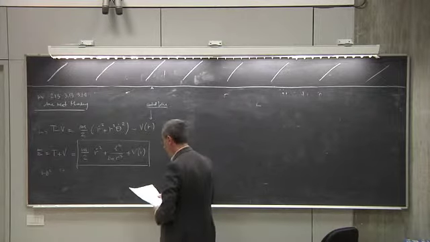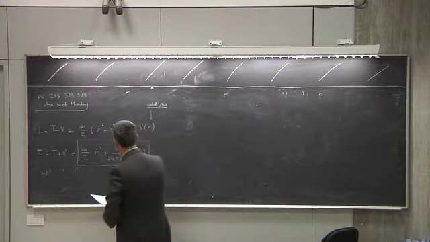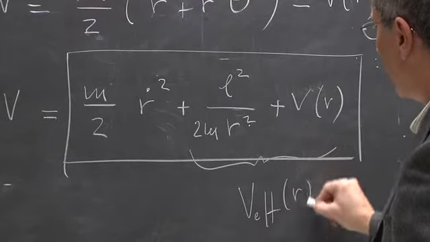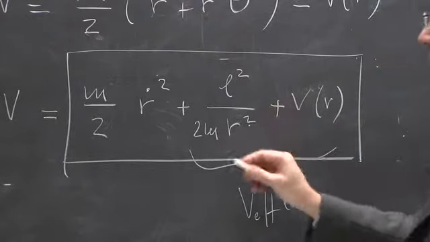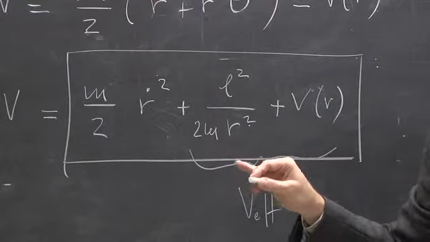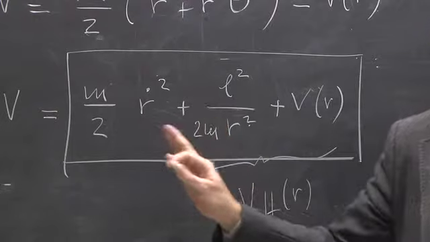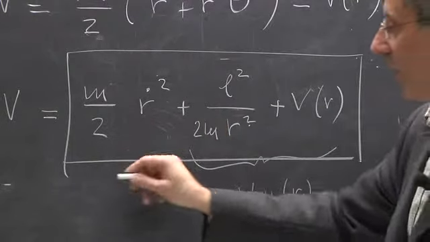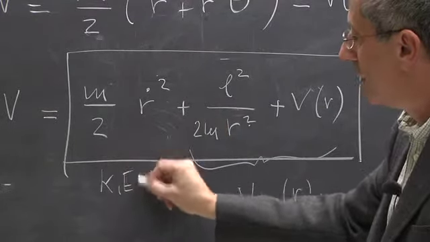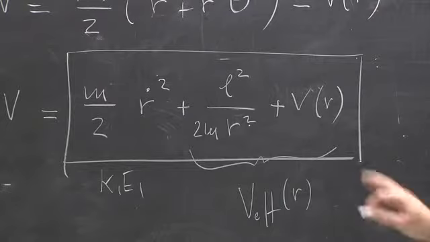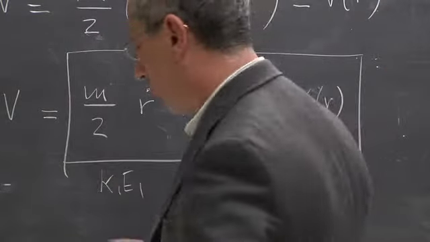Because you see, this term here we will call the effective potential, because it's the only part that depends on r. Everything that depends on the velocity I call the kinetic energy, and then what is left is the potential. And this whole quantity is conserved.